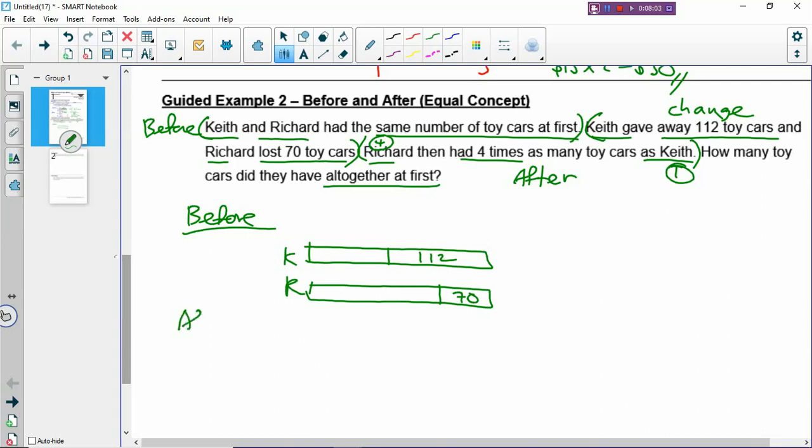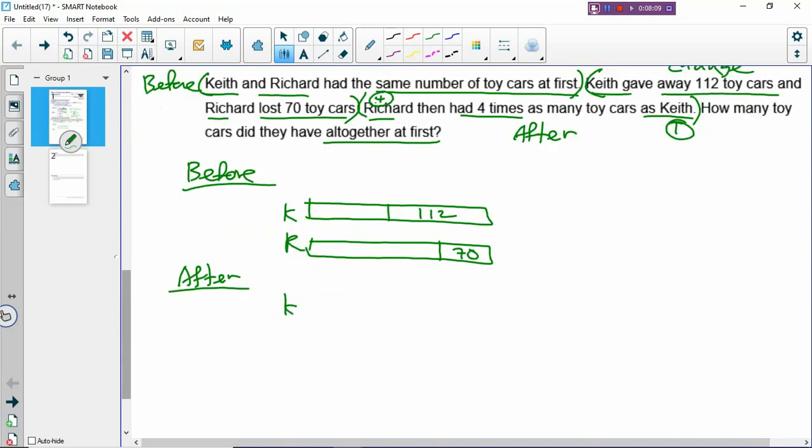So when you draw the after, how do you draw? Again, make use of your dotted line. Dotted line has a few purposes. One of the purposes is to show you where to draw the rectangle until.